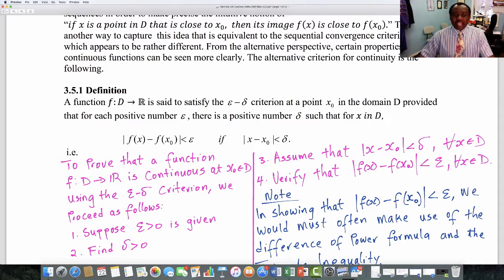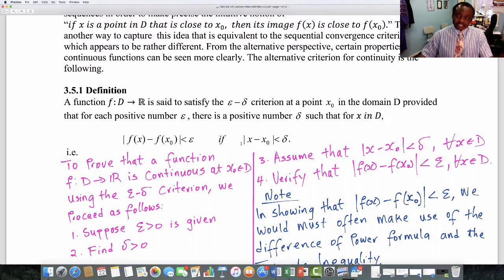Then we say that f satisfies the Epsilon-Delta Criterion at the point x0 in the domain D, provided that for each positive number epsilon, there exists a positive number delta, such that for every x in D, absolute value of f of x minus f of x0 is less than epsilon if the absolute value of x minus x0 is less than delta.